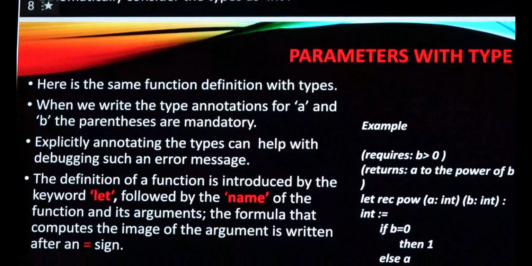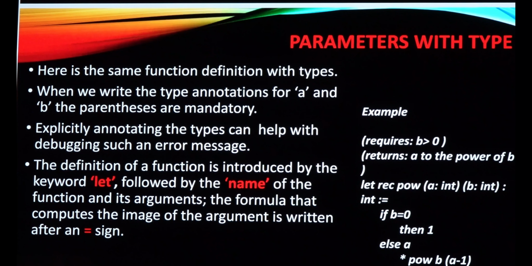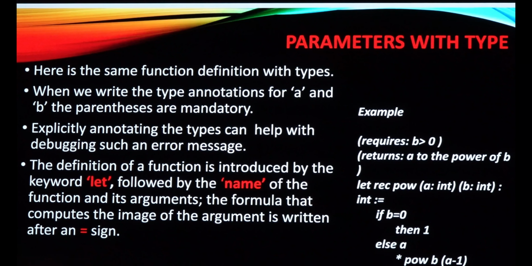Now here is the same function definition with types, when we write the type annotations for a and b, parentheses are mandatory, right? Explicitly annotating the types can help with debugging, such as in error messages.